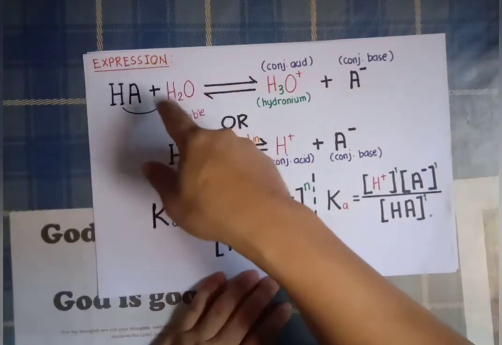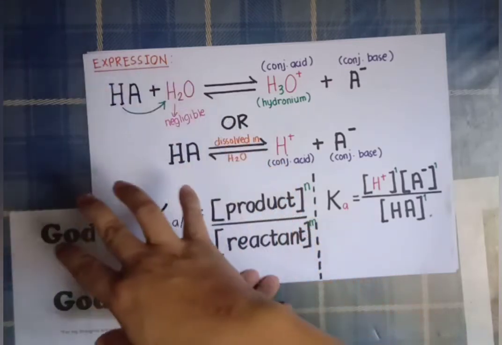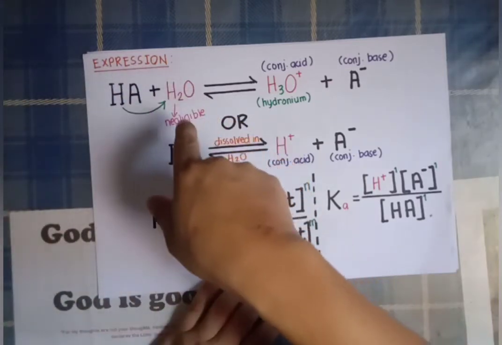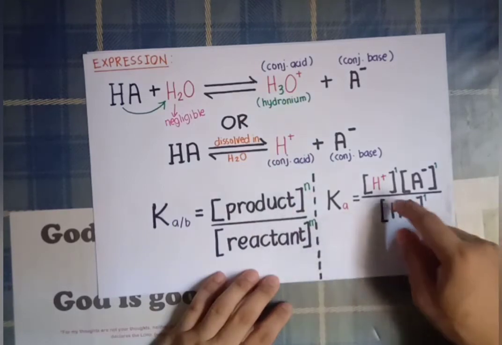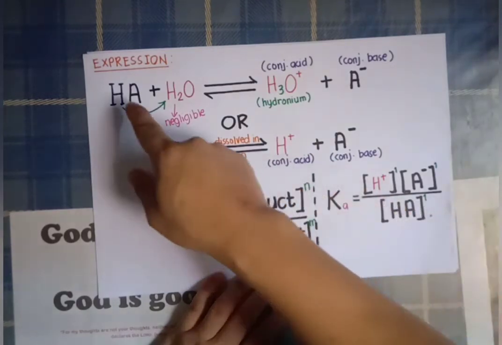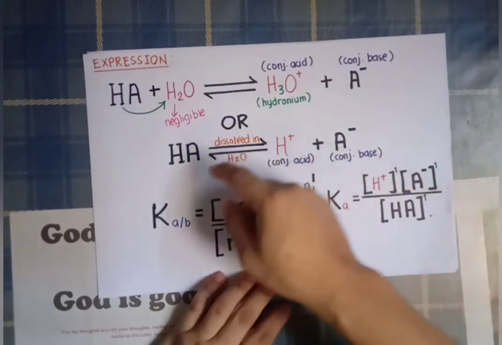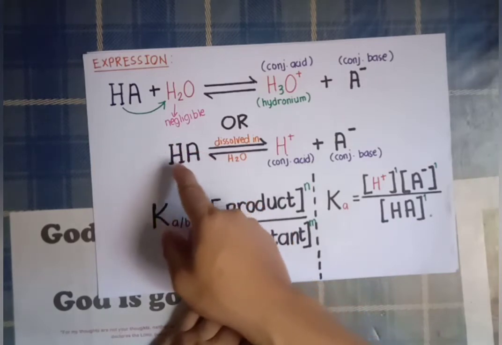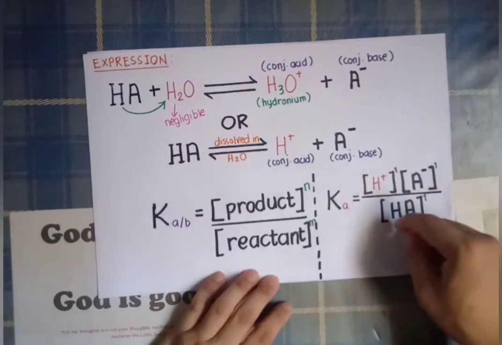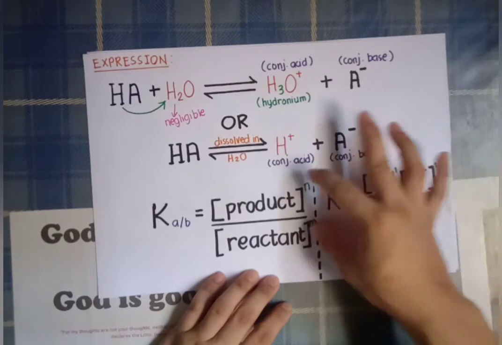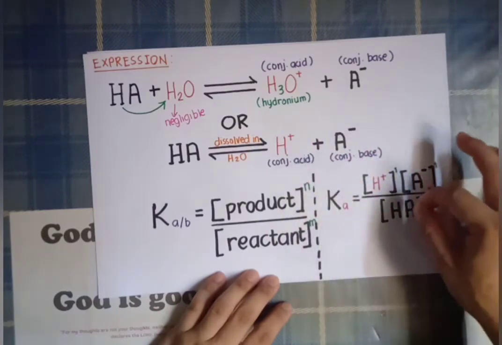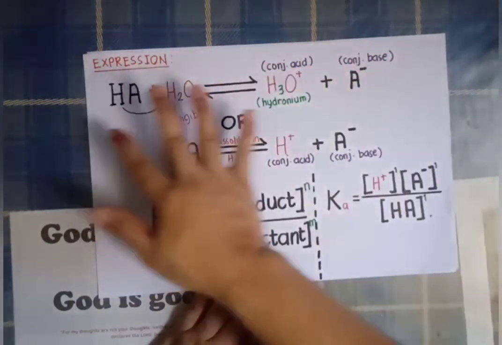But again, water has negligible effect to the solution, and therefore we can cancel this one out, and we can have here only the HA, or the parent acid, raised to 1, which is the stoichiometric coefficient of HA, or we can omit this 1. And therefore this is now the dissociation constant expression or formula for this example.